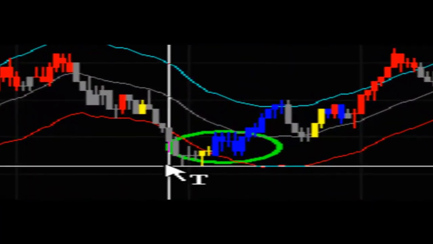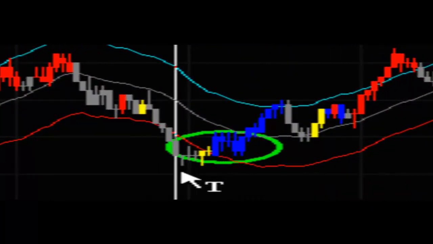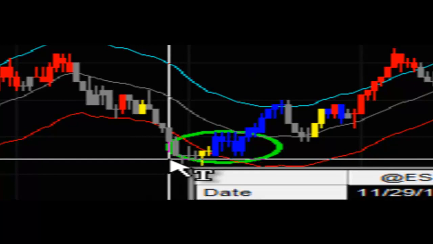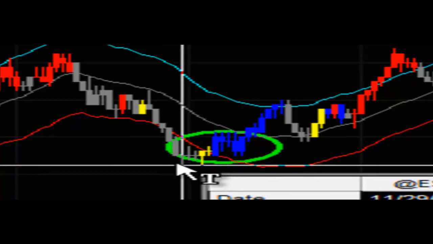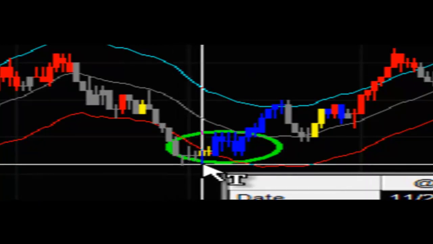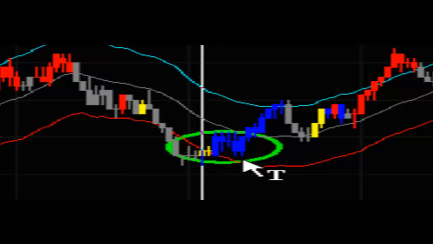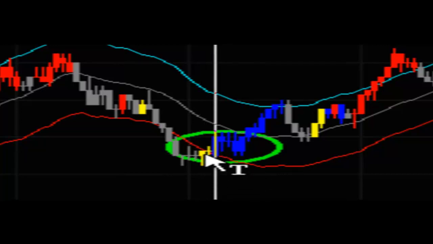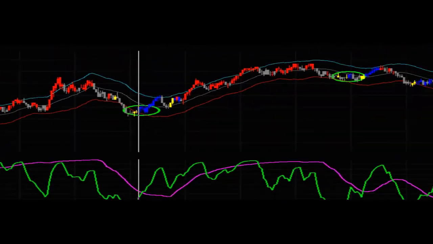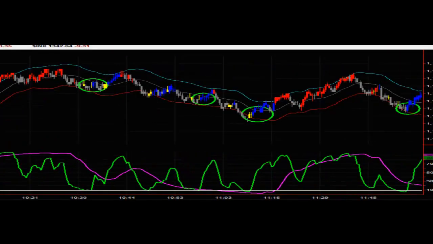As it's breaking the 10s, we're watching the bars here, which we're painting gray, so there's no need to get in a trade yet. And we get a yellow. These are outside our Keltner channel. We're starting to see value here, and a blue bar for confirmation. So that we enter on this bar right in here at this level, and we are in that trade.